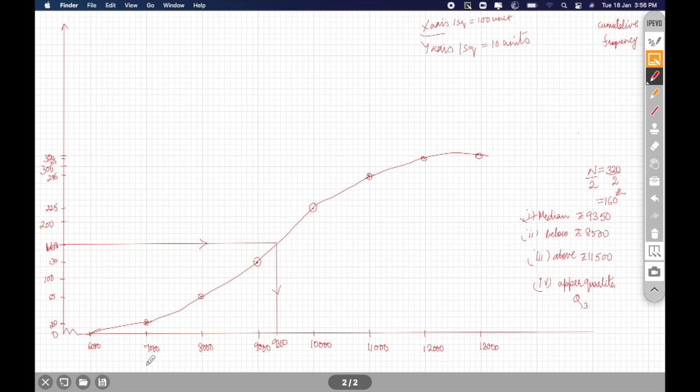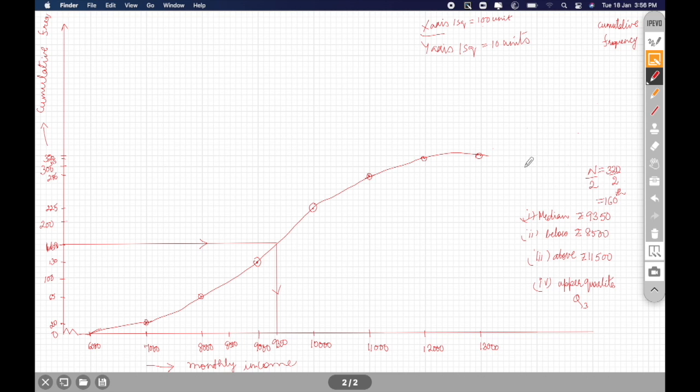Next, let us find out the number of workers whose income is below rupees 8,500. Since we have plotted the monthly income on the x-axis, let me write this also, monthly income here, and we have plotted the cumulative frequency here. Cumulative frequency. So now we have to find out the position of 8,500 rupees on the x-axis. This is the position of 8,000, then 100, 200, 300, 400, 500. This is 8,500.